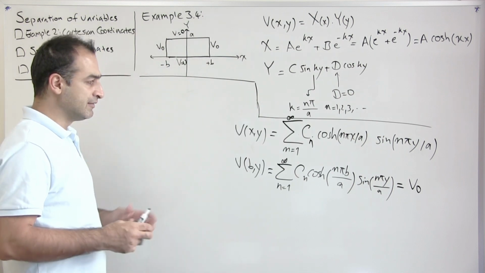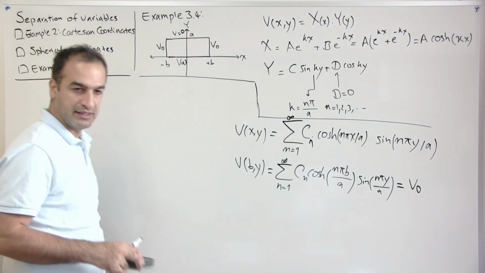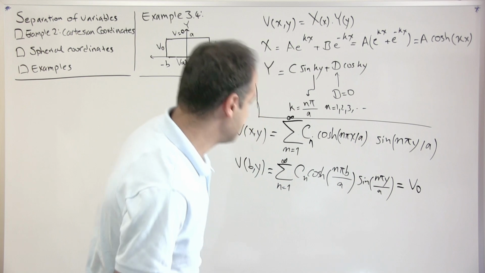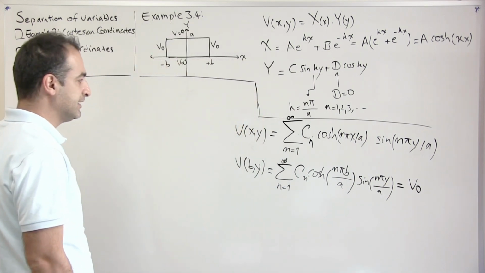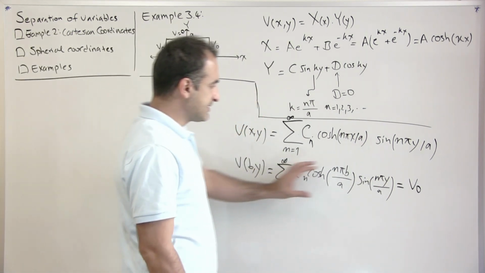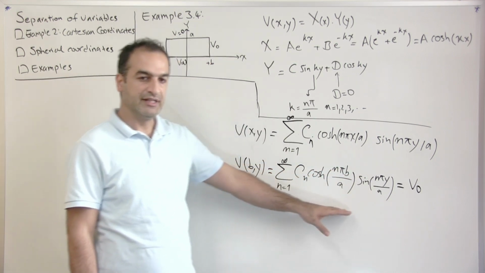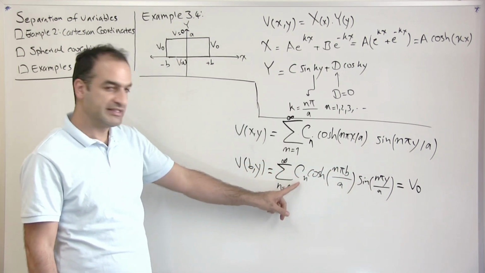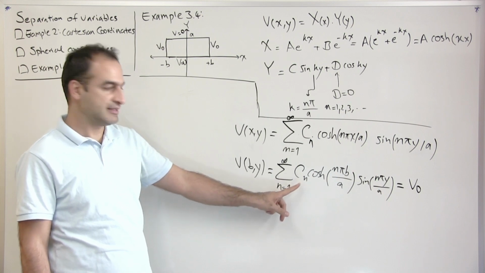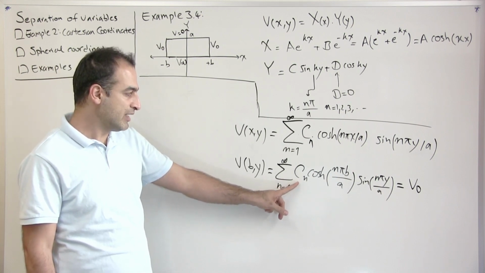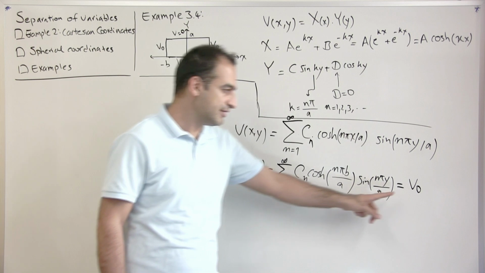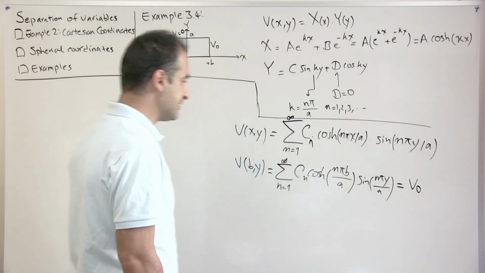Now we need to find how we can make this happen. This looks like a Fourier series. We need to come up with solutions for Cn, this constant as a function of n, in a way that this series converges to v0.